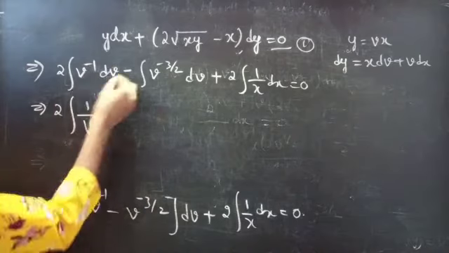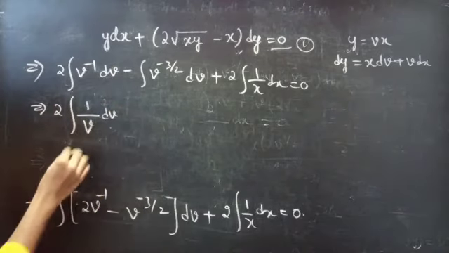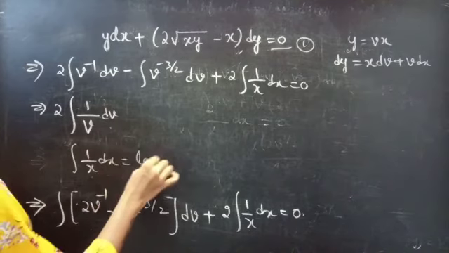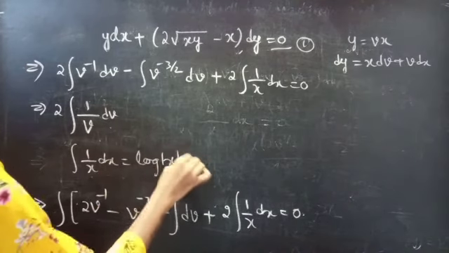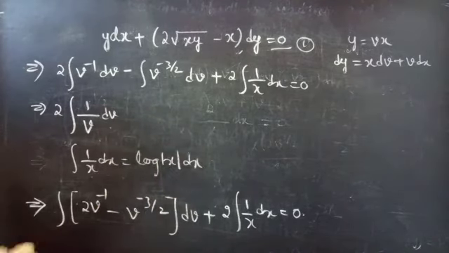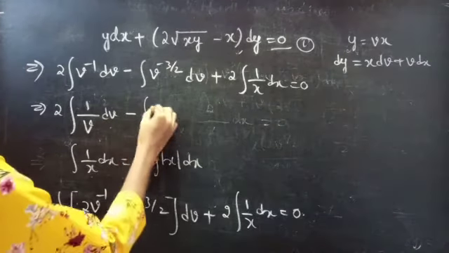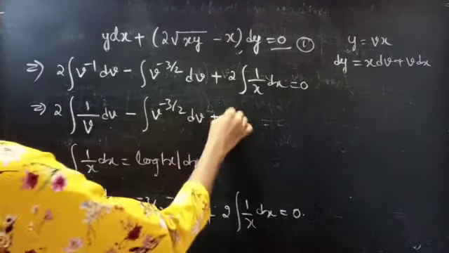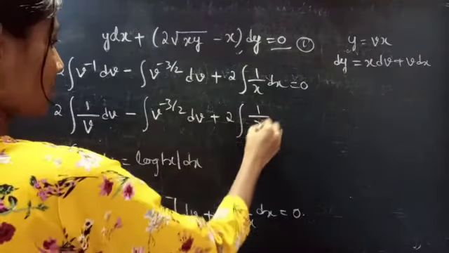You can write v inverse as 1 by v, since we know that integral 1 by x dx is log mod x, minus integral v power minus 3 by 2, and the remaining steps as it is, I can say simply.